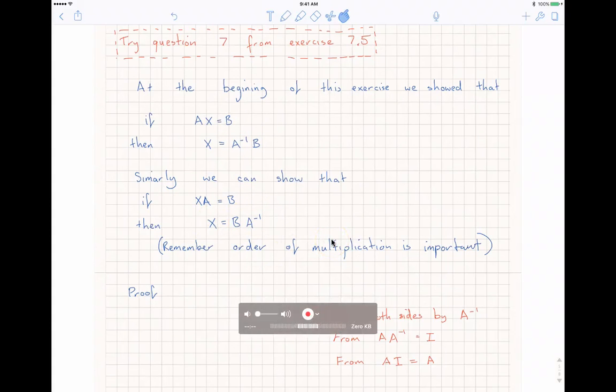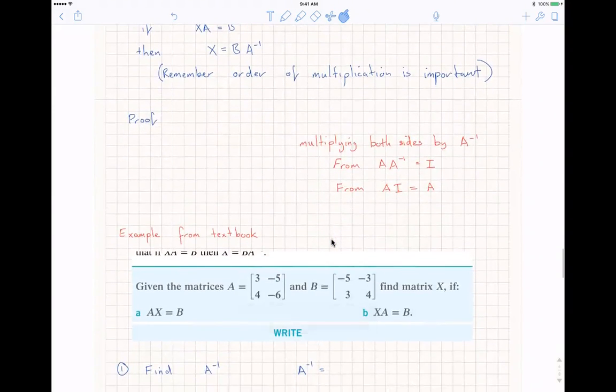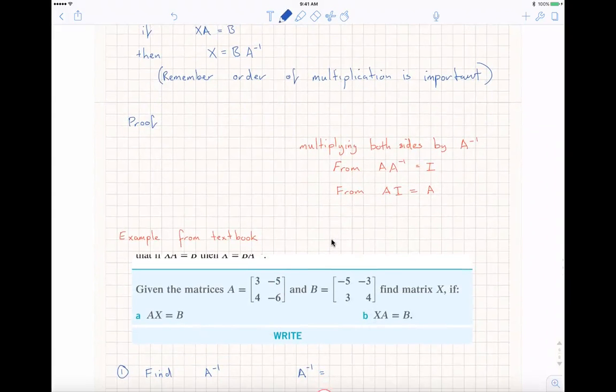So why does this happen? If we have XA equals B, and we multiply both sides by A inverse, we have to multiply on the right of A, so that we have our A and A inverse next to each other.